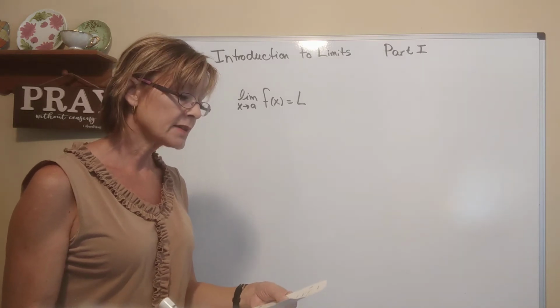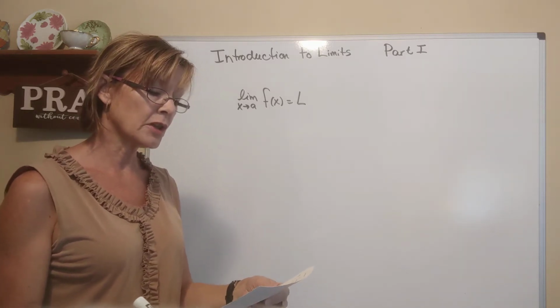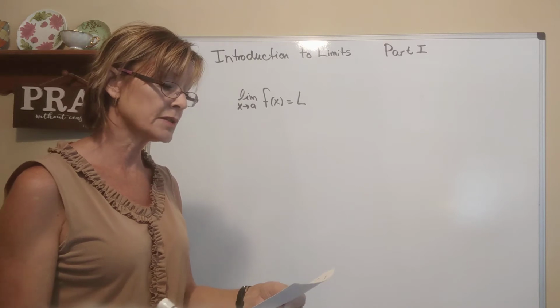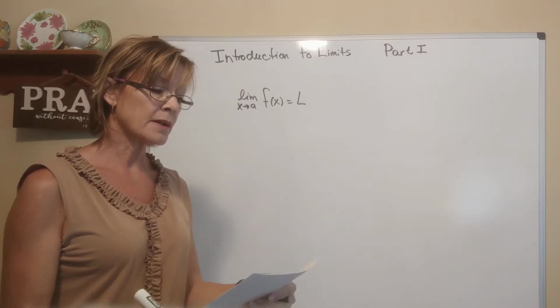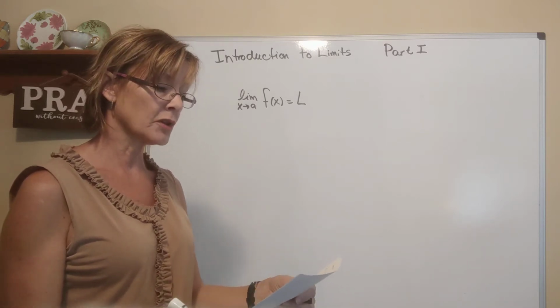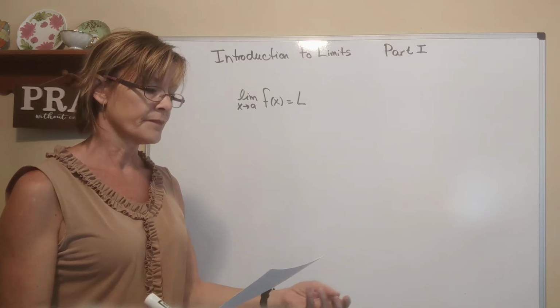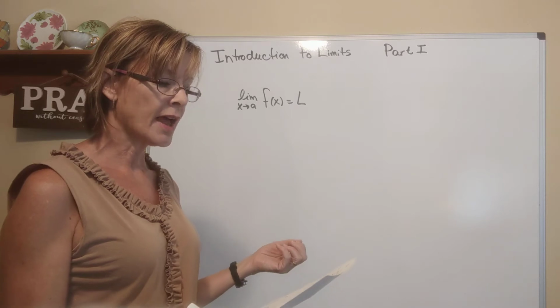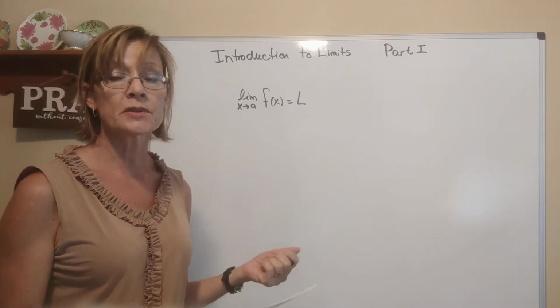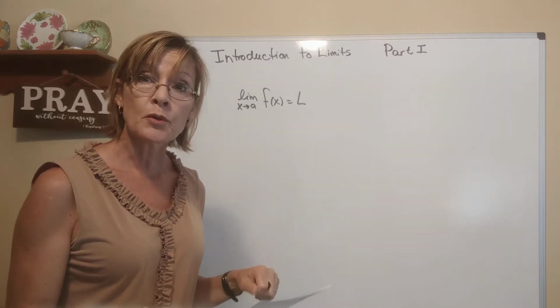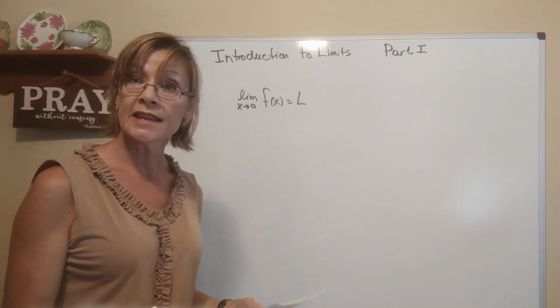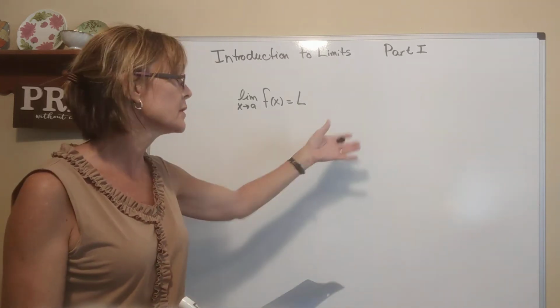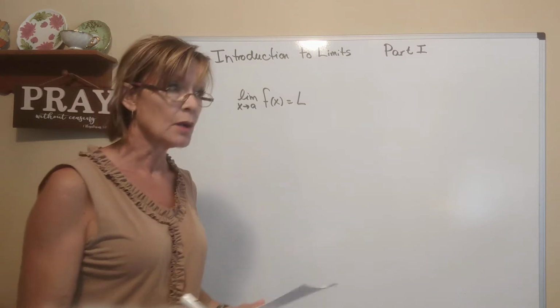Number 1, as x assumes values closer and closer, but not equal to a, on both sides of a, the corresponding value f of x gets closer and closer to a value L. The value of f of x can be made as close to L as desired by taking values of x arbitrarily close to a. At this point that probably means absolutely nothing to you or is confusing, but I'm going to draw a diagram and we're going to talk about what these mean.